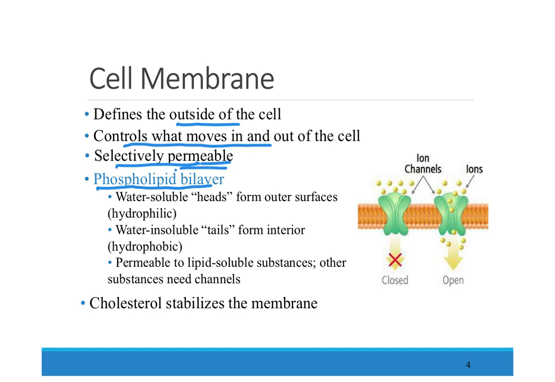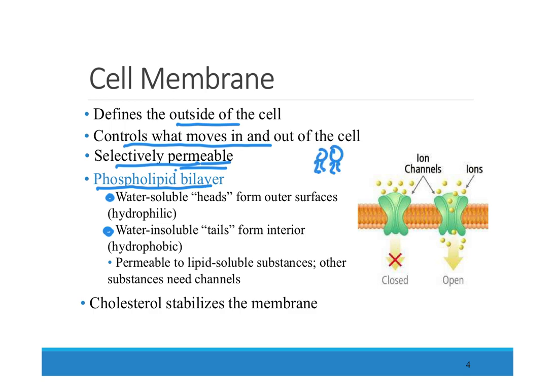So you remember that a phospholipid has both a water-soluble end, the side that has the phosphate group, and a water-insoluble end, the fatty acid tails. And in the cell membrane, this comes out as a bilayer. There are two layers. So you have your phospholipids, our typical sketch here, which is a circle with two tails.